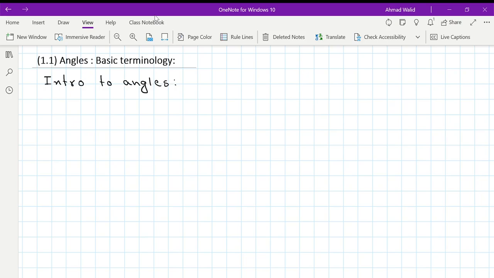Let's first start with the definition of an angle. What is an angle?